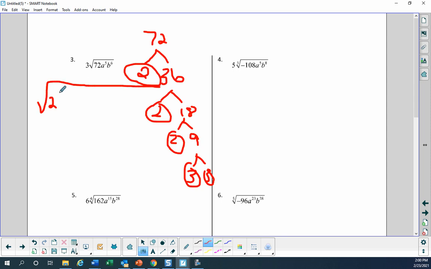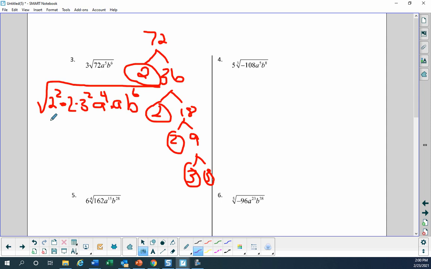So I have 2 squared times 1, 2 by itself, and then I have 3 squared, right? So a to the 5, I'm going to write it as a to the power of 4 times 1a, because a to the power of 4 is divisible by 2. And b stays as b to the 6, because 6 is divisible by 2.